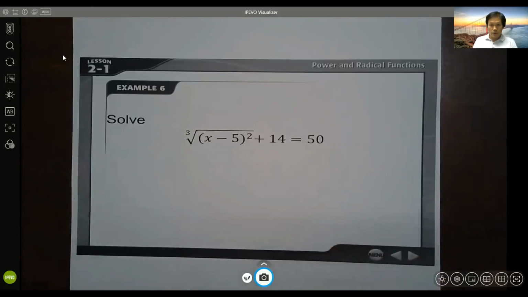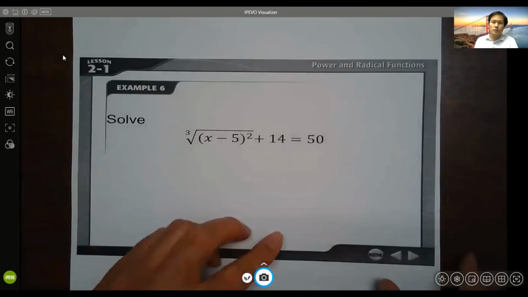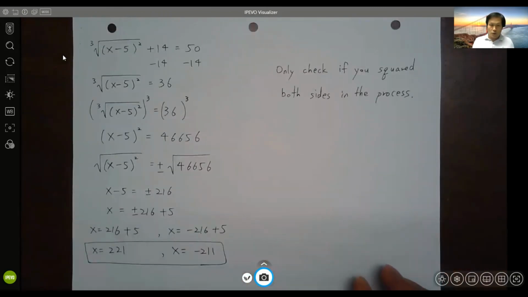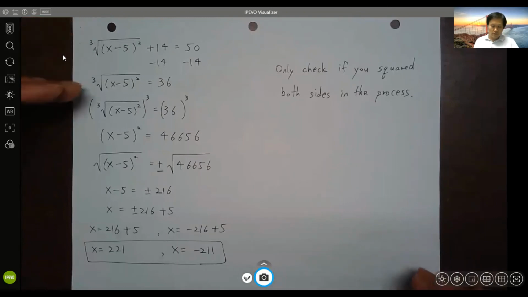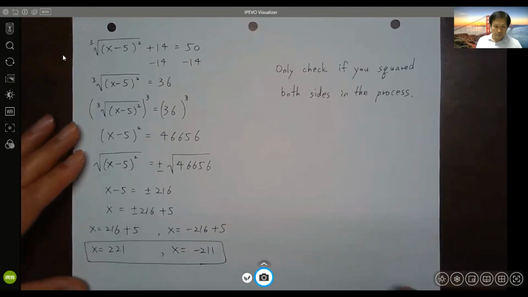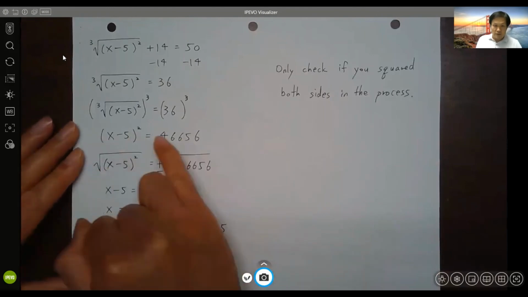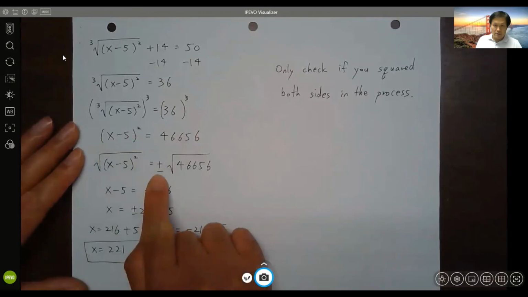Please pause the video, try this question. Here's your work. Follow through it, see if you made a mistake anywhere. Tough part here, when you take a square root both sides, many students miss the minus.